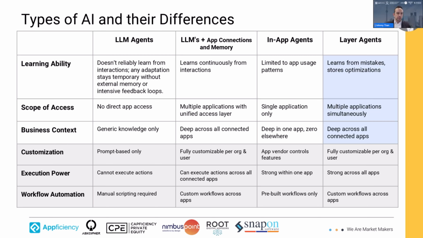LLMs, large language models, as agents. These are your most publicly obvious ones: ChatGPT, Claude from Anthropic, Gemini from Google, DeepSeek from China, Perplexity, and so forth. These large LLM agents are primarily built on the public domain of data.